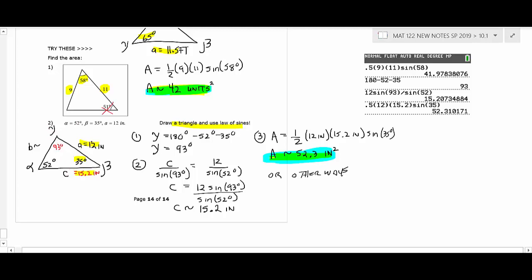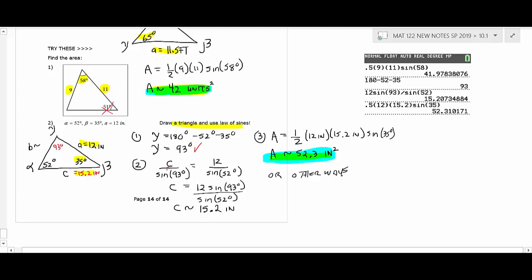So what I decided to do ultimately on that problem is I've got to find either B or C. Okay, I found C, but in order to do that, I needed to find that angle. So first of all, angle gamma is 180 minus the two known angles, which is 93. Then I did law of sines. So I did C over the sine of the side opposite is equal to 12 over the sine of the angle opposite.